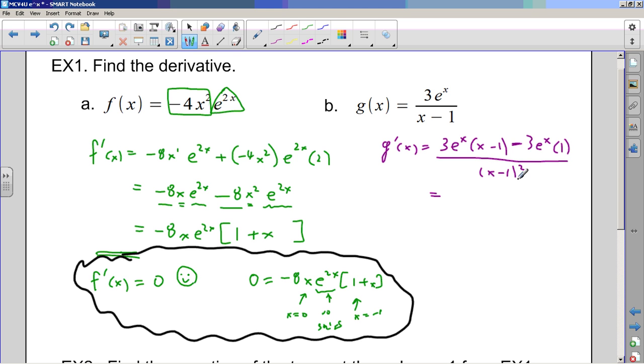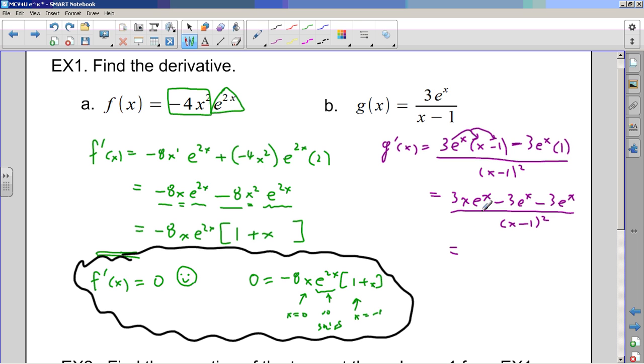Let's tidy up. I'm going to expand a little bit. 3x e to the exponent x minus, I'm just multiplying this through, minus 3e to the exponent x, all over x minus 1 squared.